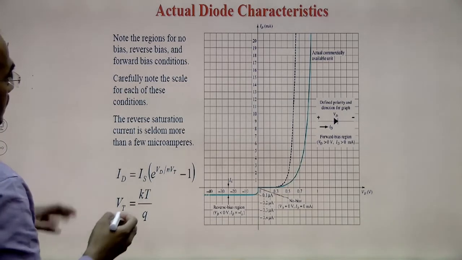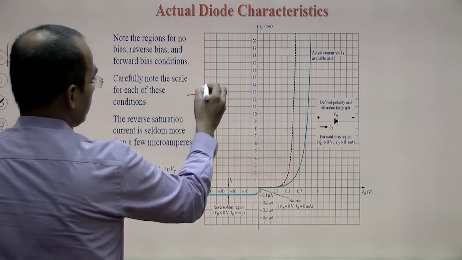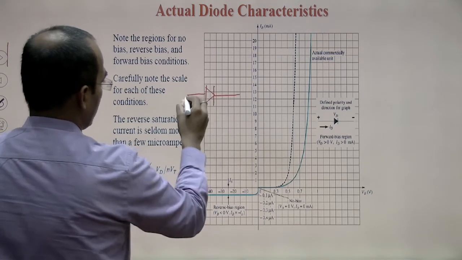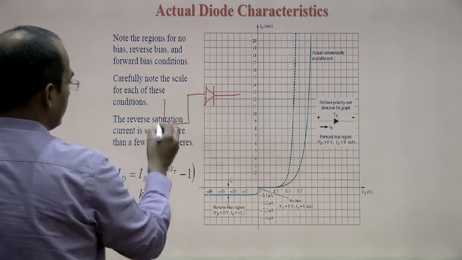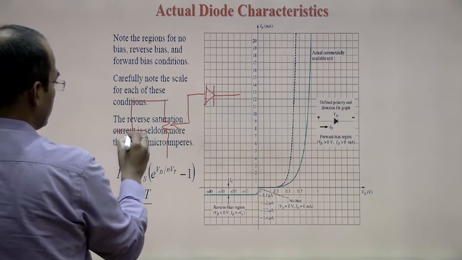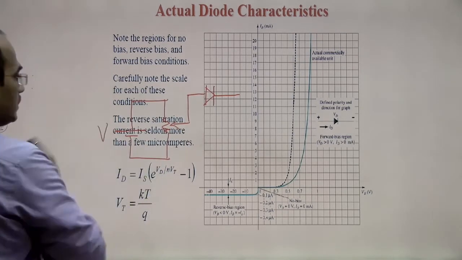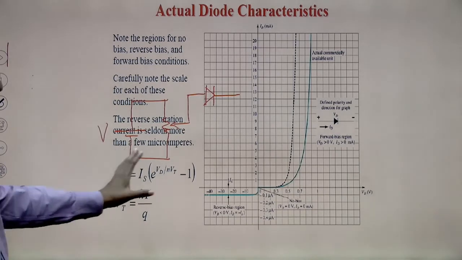How will I measure this characteristic? For measuring this, I will connect this PN junction diode in this manner. For measuring this VI characteristic, what will I do?